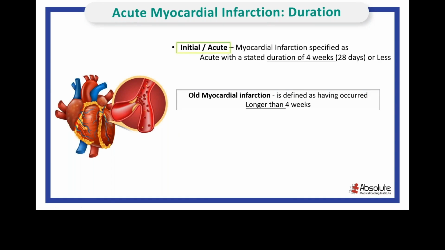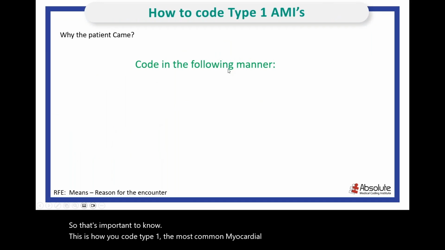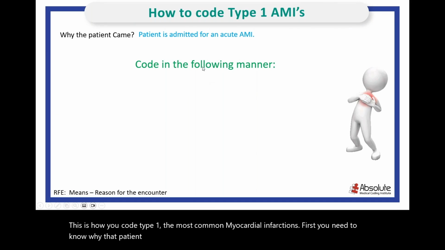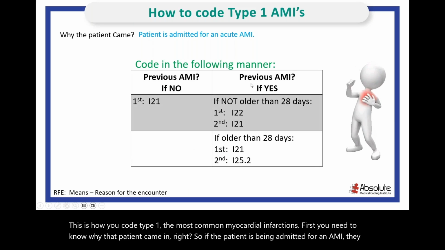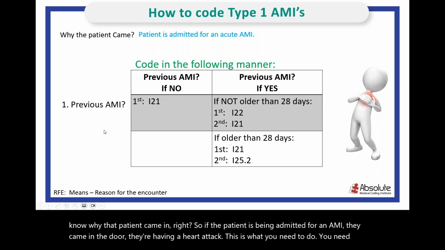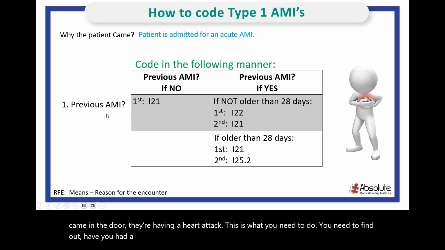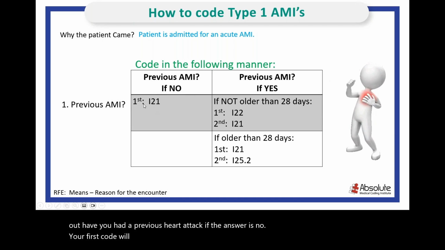So that's important to know. Now, this is how you code type 1, the most common myocardial infarctions. First, you need to know why that patient came in, right? So if the patient is being admitted for an AMI, they came in the door, they're having a heart attack, this is what you need to do. You need to find out, have you had a previous heart attack? If the answer is no, your first code will be I21.